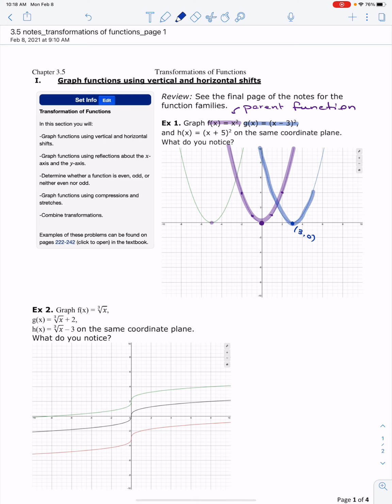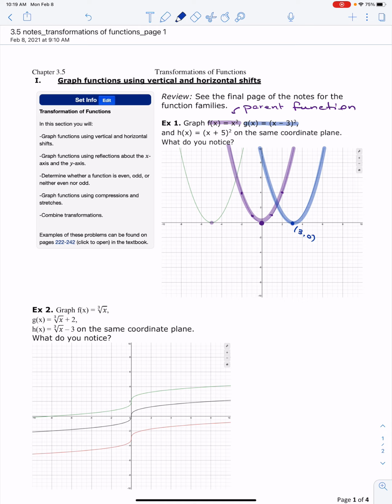That moves it 3 to the right. And I once had a student in class say that whenever I'm messing with the x it does the opposite. Pretty sure they were talking about a relationship, but we are going to use that here in terms of our transformations. So that x minus 3 actually moved our graph 3 to the right.